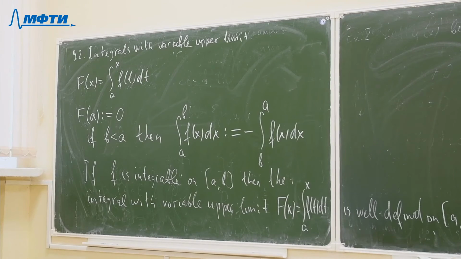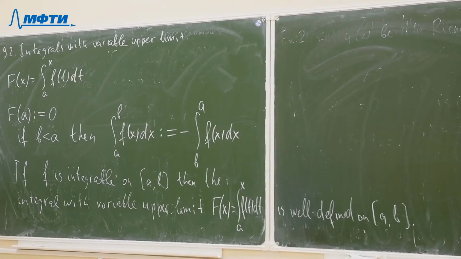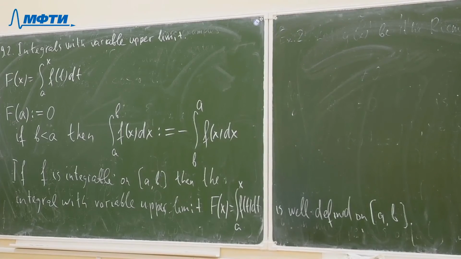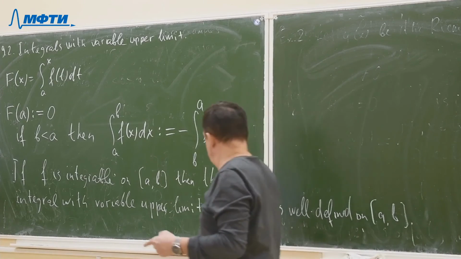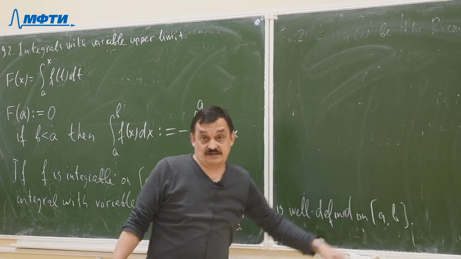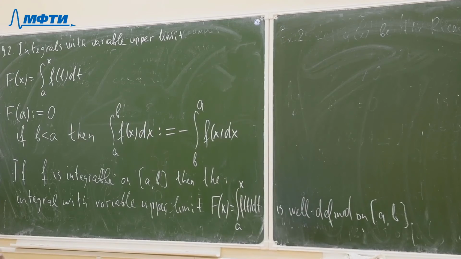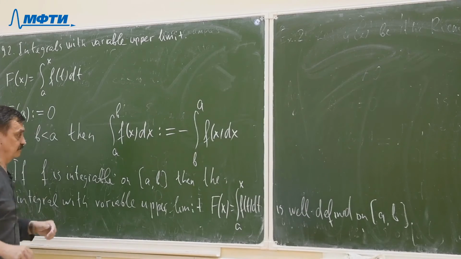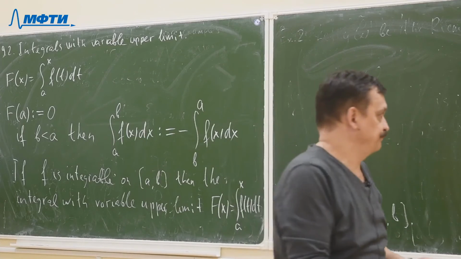Why? Because here we combine the additivity property. If f is integrable over an interval, then it is integrable on a part of this interval. And also, no problem with the point a itself. By definition, we add this value, F of a is 0. So the function is defined.